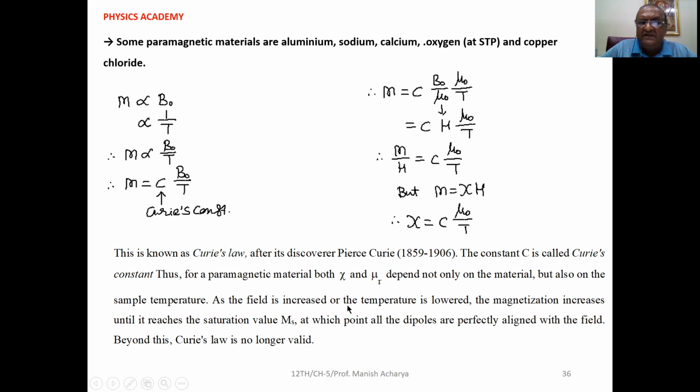As the field is increased or the temperature is lowered, the magnetization increases until it reaches the saturation value Ms, at which point all the dipoles are perfectly aligned with the field. Beyond this, magnetization of the sample is not possible because all the dipole moments are now aligned. So beyond this, Curie's law is no longer valid. Clear to all of you, beta?